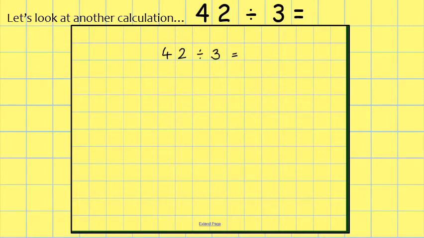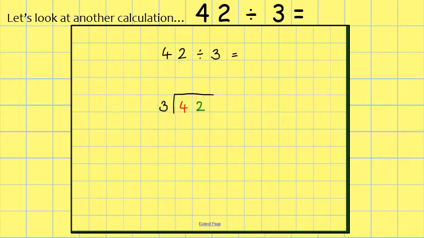So we've got 4 10s and 2 1s. Okay, and we're dividing it by 3. So the bus stop here is our division sign. So anything inside the bus stop, we're dividing by 3.